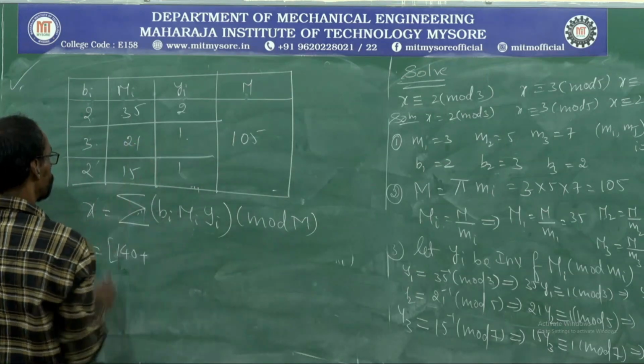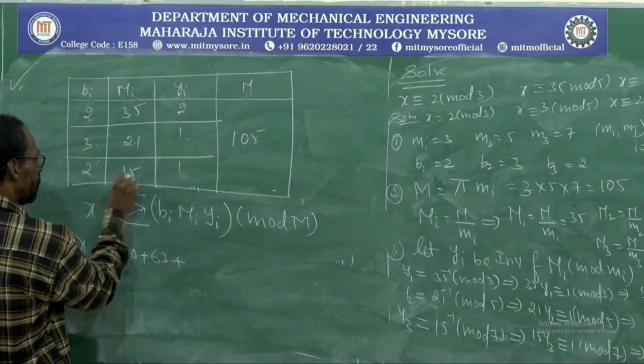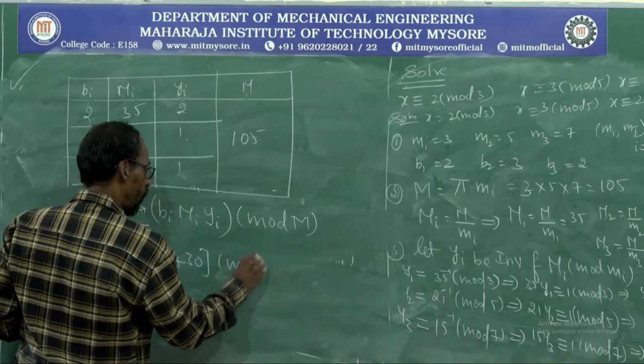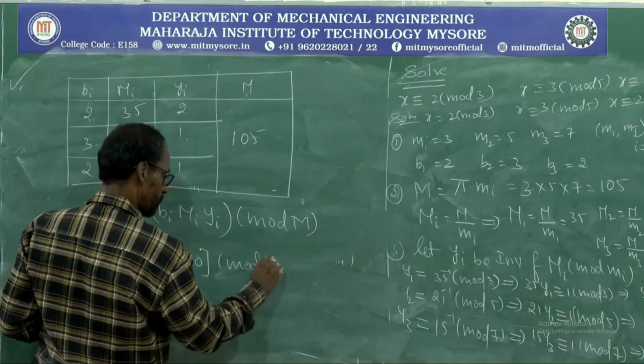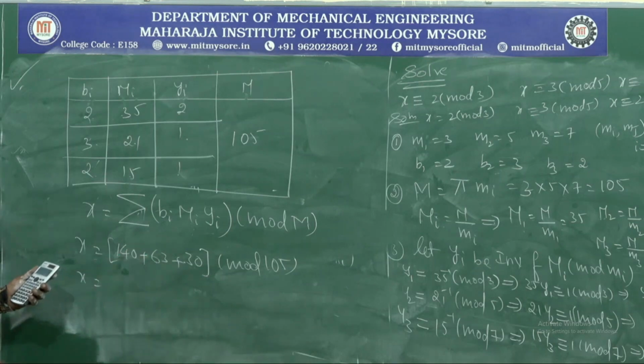Plus multiply these three, simple mathematics, 63. Multiply these three, simple mathematics, 30, under modulo capital M 105. So when you add these three values, I am going to get the answer 233.